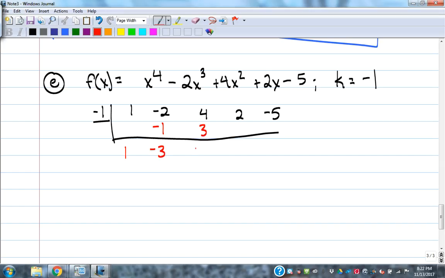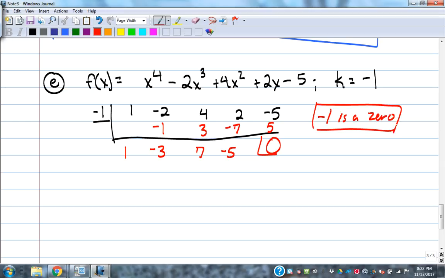Multiply, add. -1 is a 0. What's the part that goes in the first parenthesis there?